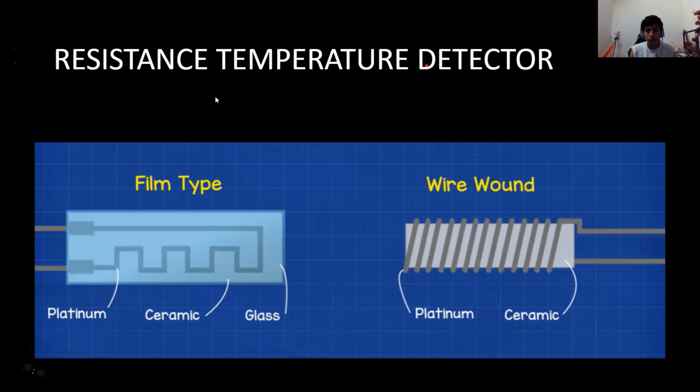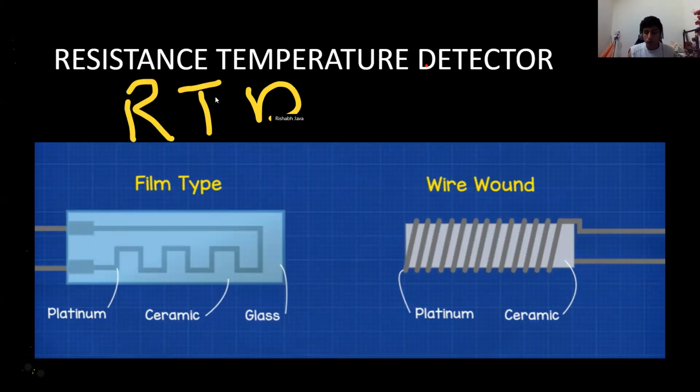Now our second type of sensor is something called a resistance temperature detector, or an RTD. As the name suggests, the value of its resistance changes with change in temperature.